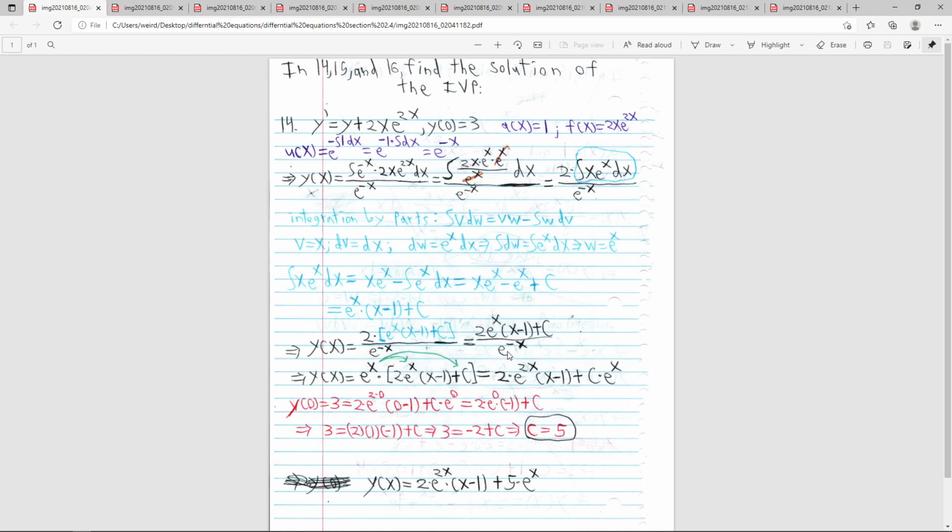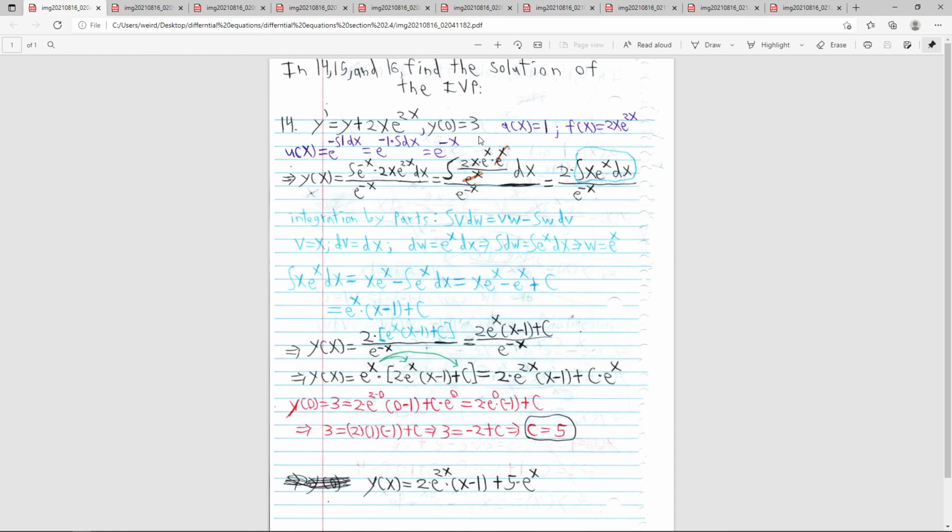Okay, so when you divide by e to the negative x, that's the equivalent of multiplying by e to the x. So the whole expression on top has e to the x multiplied by it. So it's 2 times e to the 2x times x minus 1 plus c times e to the x. And that's what our expression is. That's the general solution.